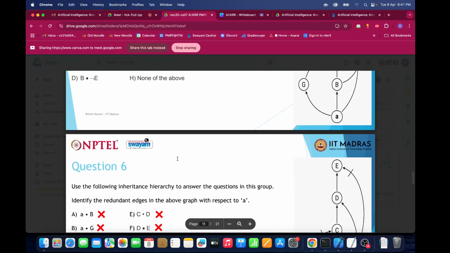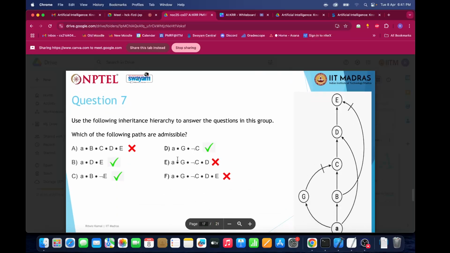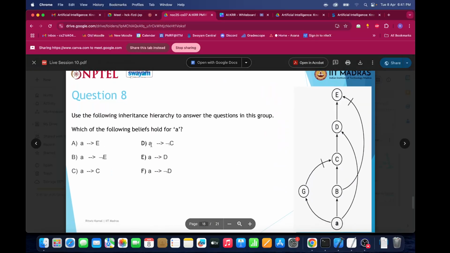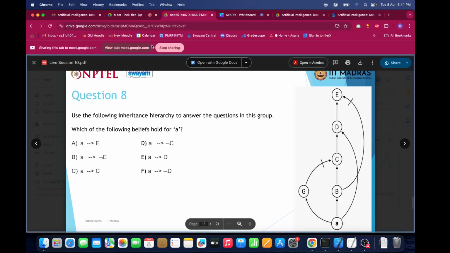Okay, and that is represented by this arrow over here in this question. This A arrow E basically means A is a E. A arrow not C represents A is not C. Sorry about that.